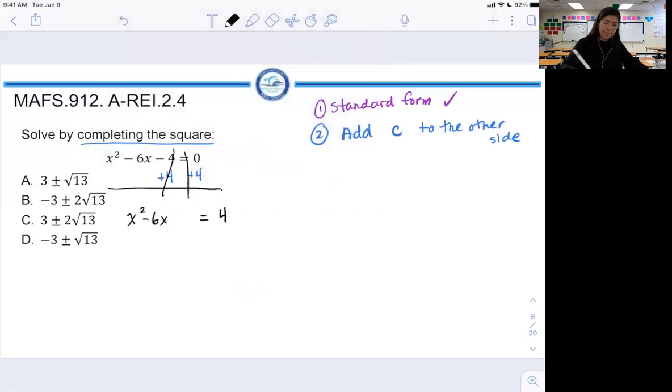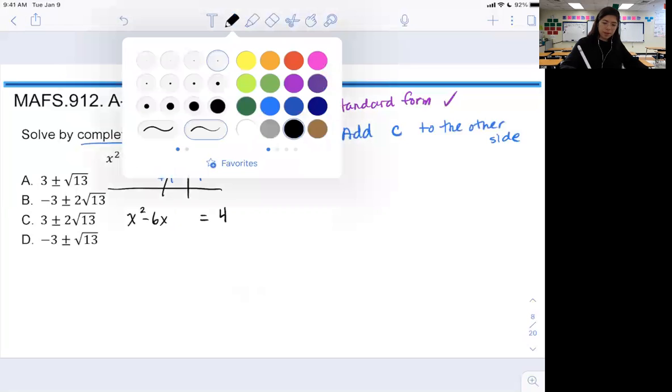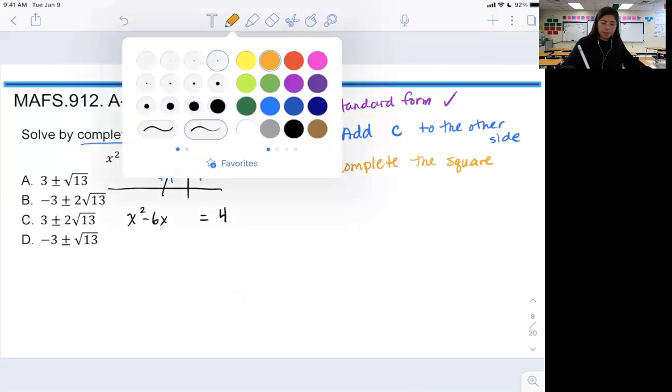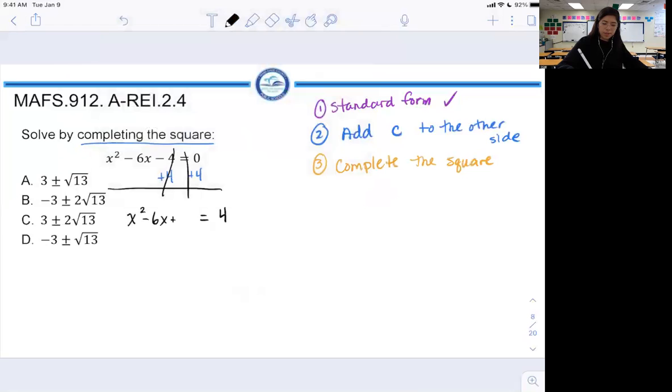Now, step 3, we're going to complete the square. What does that mean? There's a missing number over here that I'm going to add. Does anybody remember how you figure out that missing number?